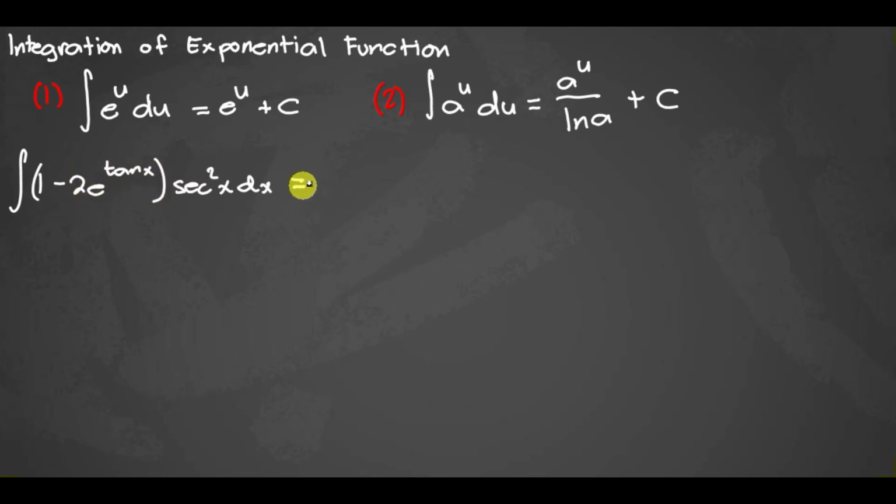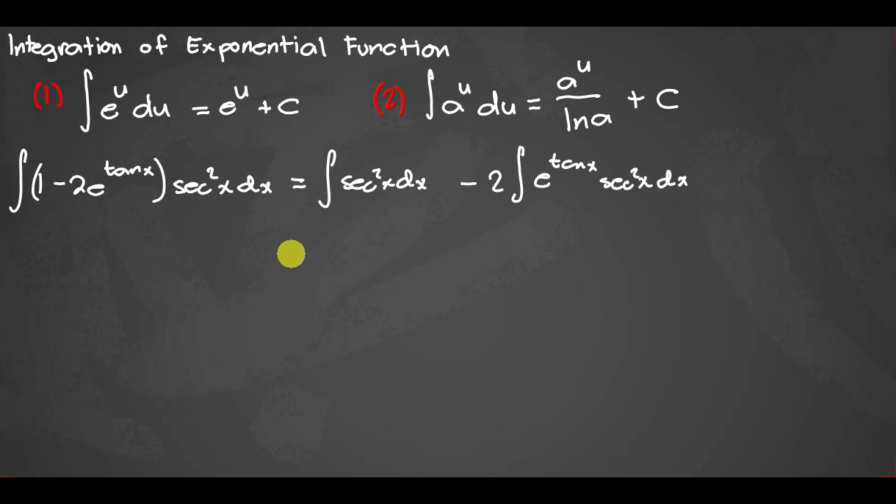This is equal to the integral of secant squared x dx, minus 2, I'm taking 2 out since this is a constant, the integral of e raised to tan x secant squared x dx.